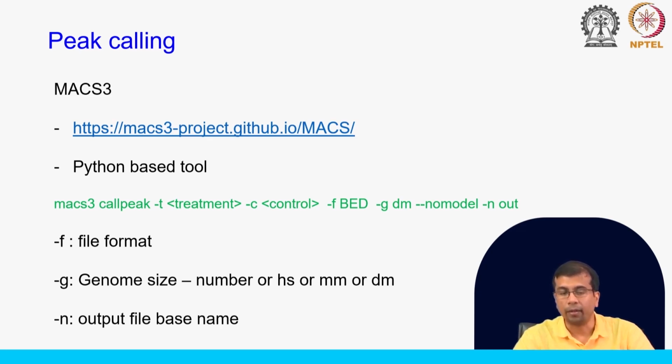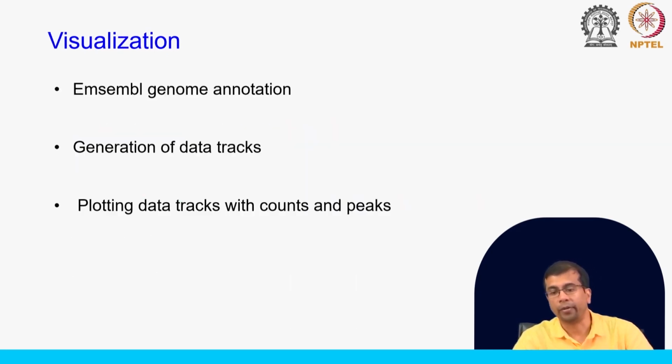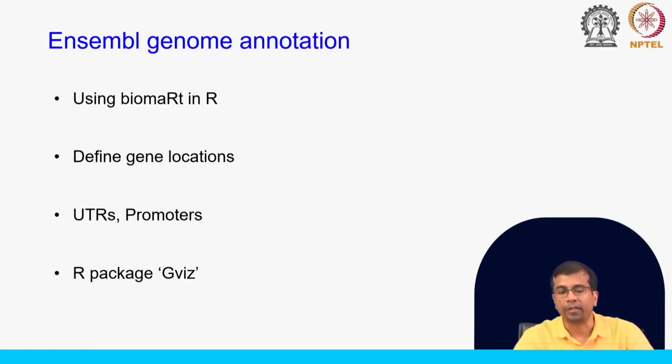Once we are done with this peak calling, in the subsequent class we will visualize the data using Ensembl genome annotation. We generate data tracks and we will plot these data tracks with counts and peaks. For Ensembl genome annotation, we use the package biomaRt.